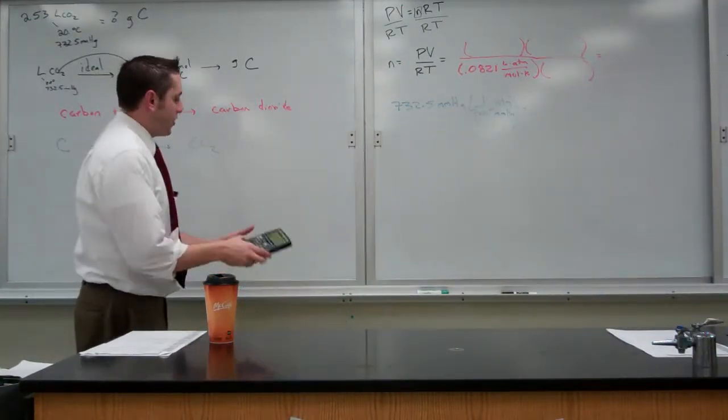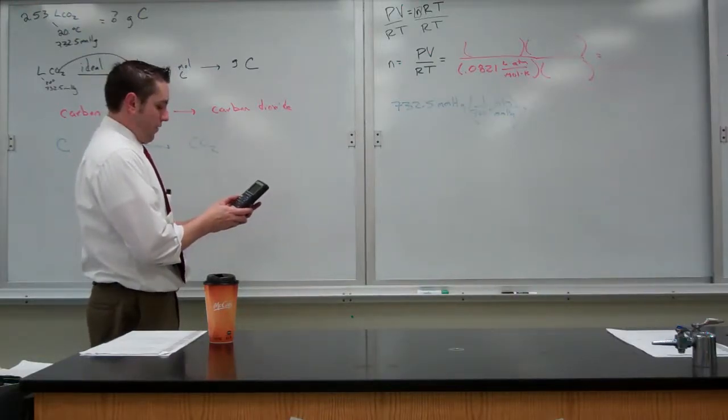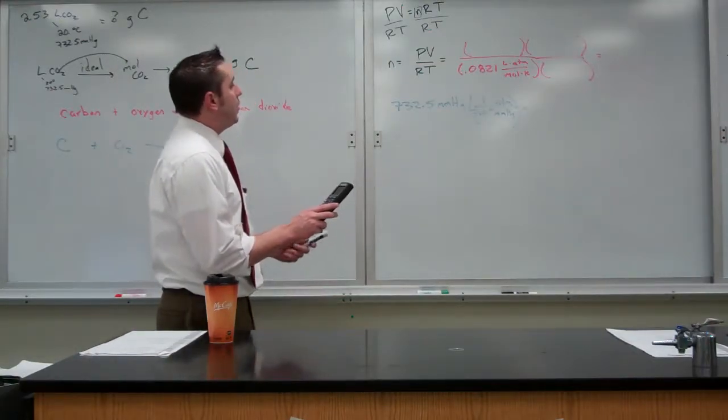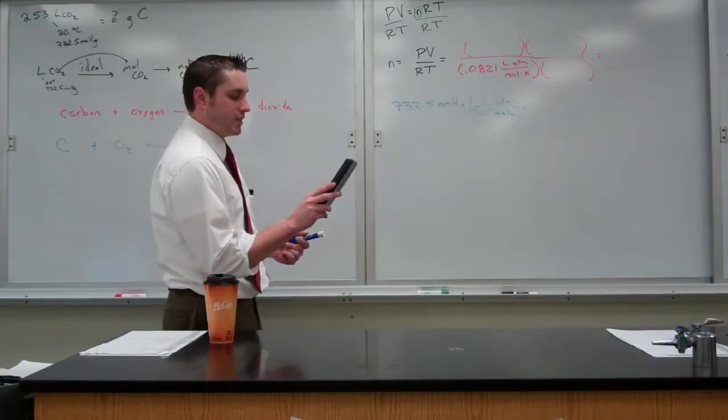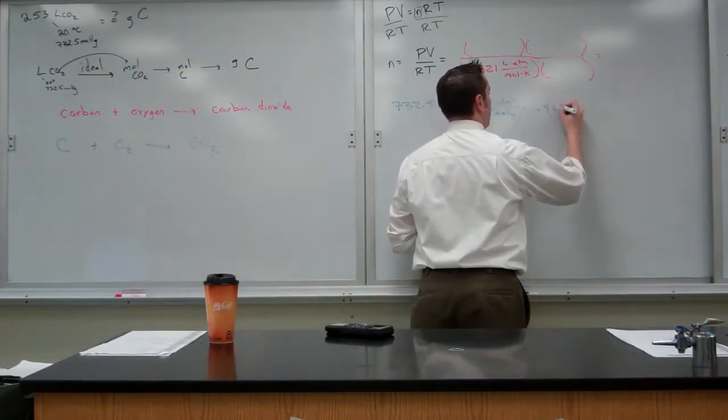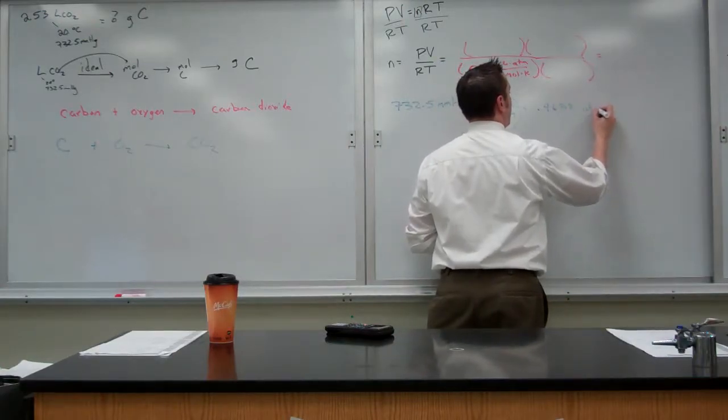If you plug that into your calculator, 732.5 divided by 760.00, you get 0.9638. We get 4 sig figs, so 0.9638 ATM.